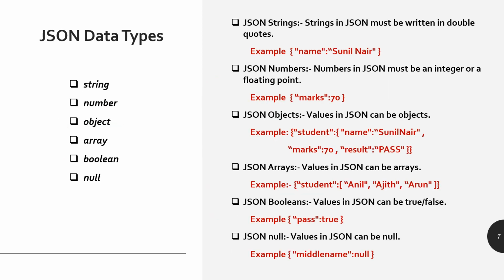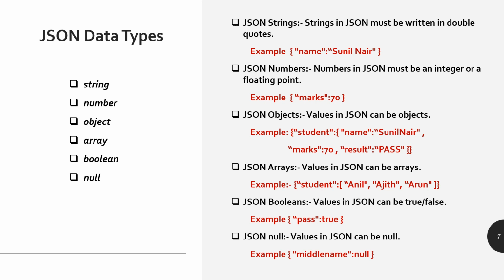Now we are going to discuss JSON data types. It supports string, number, object, array, boolean, and more. These are the examples for that. The important thing is that a string must be written in double quotes.